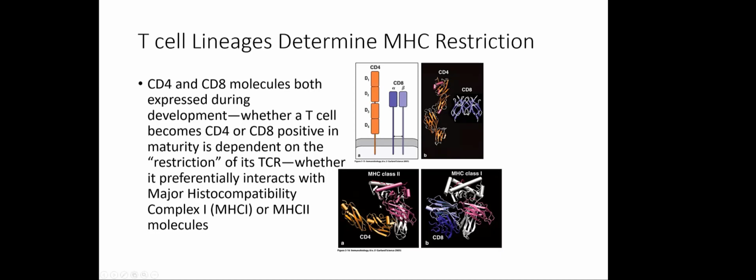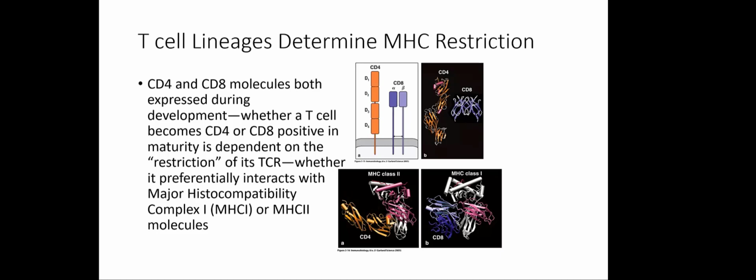And then you have several class 2 molecules, some of which are classic antigen presentation molecules, and some of them are more involved in stabilizing the class 2 complex and in processing and presentation. Let me get my pointer. The difficulty on the genetics of the class 2 side is that they are 2-chain molecules, and in class 2, both chains are potentially polymorphic.